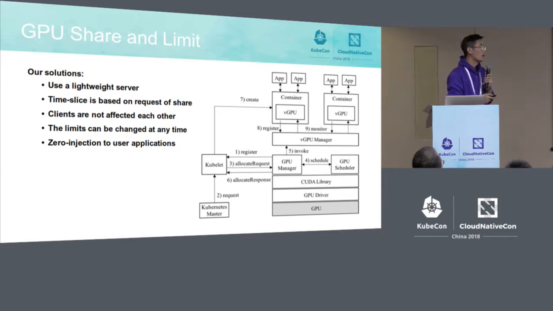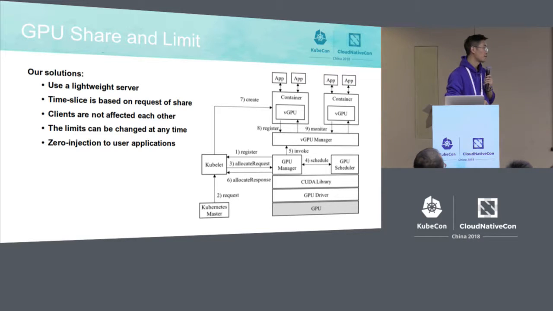Second, the time slice is based on the request share. As I mentioned, NVIDIA uses a default even sharing. But when users submit requests, they have different demands.